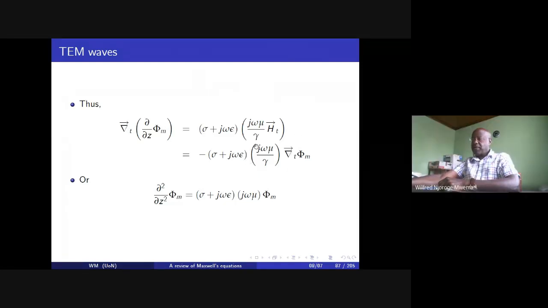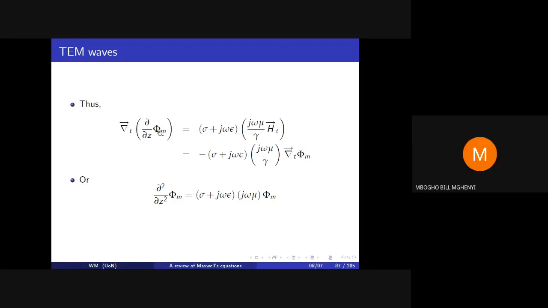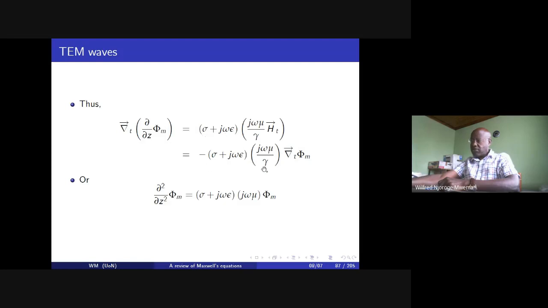So this one is a derivative, and this is the function that is varying with respect to the derivative. We are taking the gradient of the z derivative of phi of n, agreed? So we could take all these and put them in here and take the gradient of some value, say a constant c multiplying phi of n.